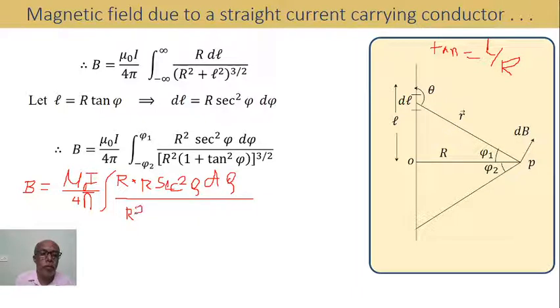Okay, no problem. Plus L square is r square tan square phi, r square tan square phi, whole power 3 by 2.